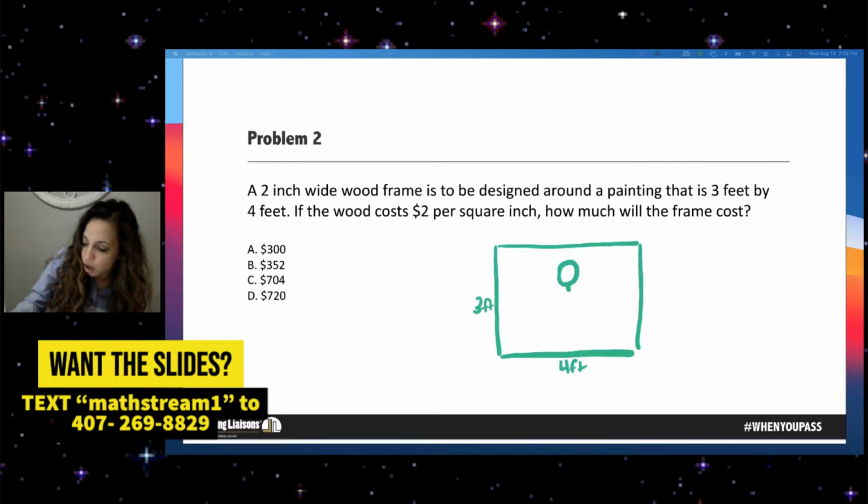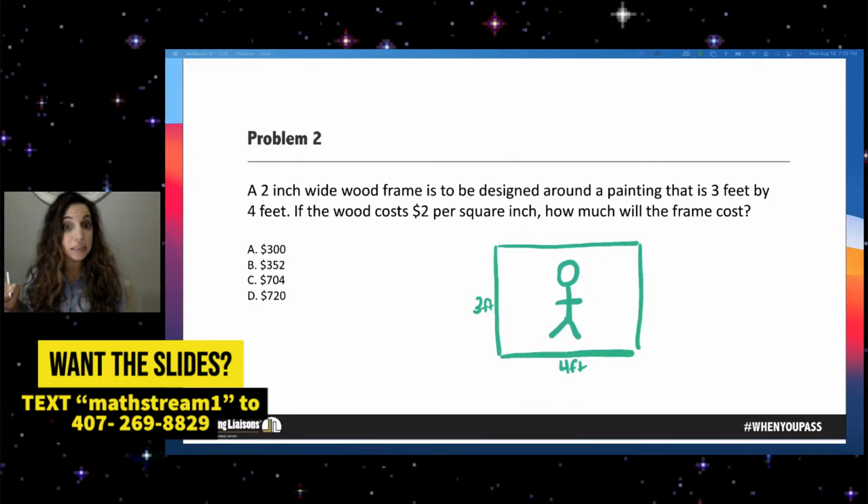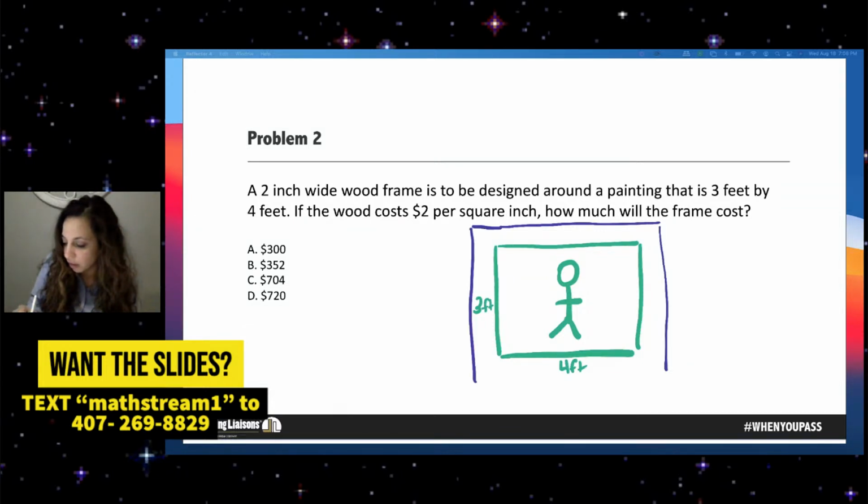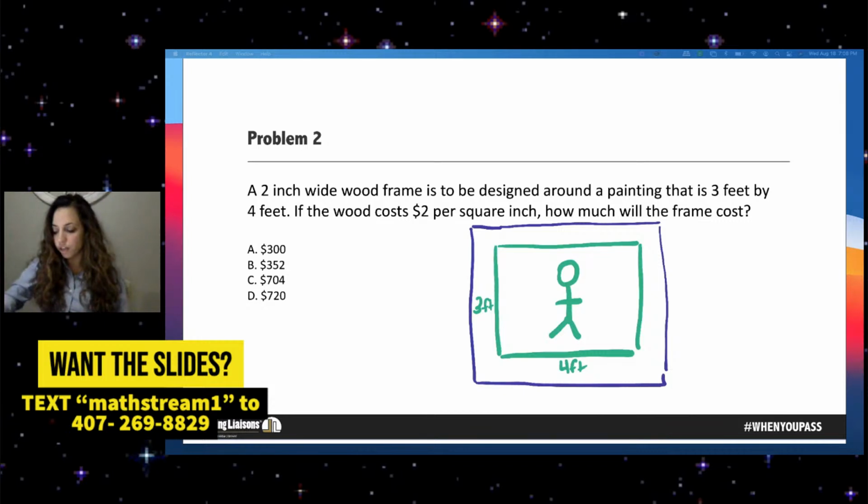And I'm just going to draw a human inside here to show us that this is our painting. And they're asking us to put a frame around this painting. So I'm going to do the frame in a different color. We have a 2-inch frame going around this painting. So here's my frame. I'm definitely not an artist, if you can tell. I'm definitely a mathematician. Okay, there's our frame.